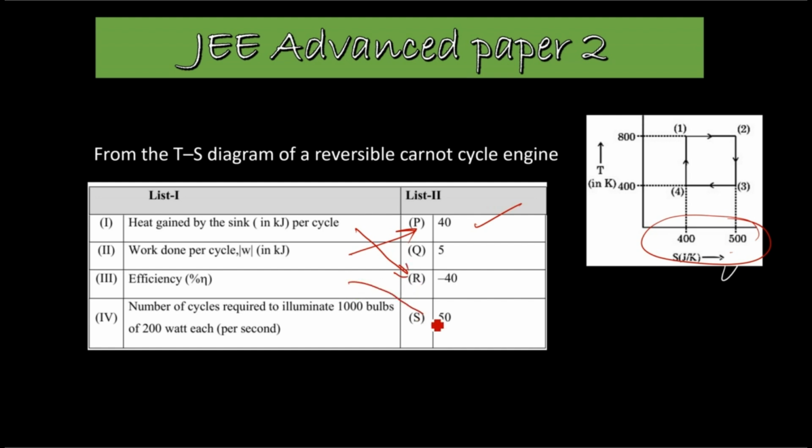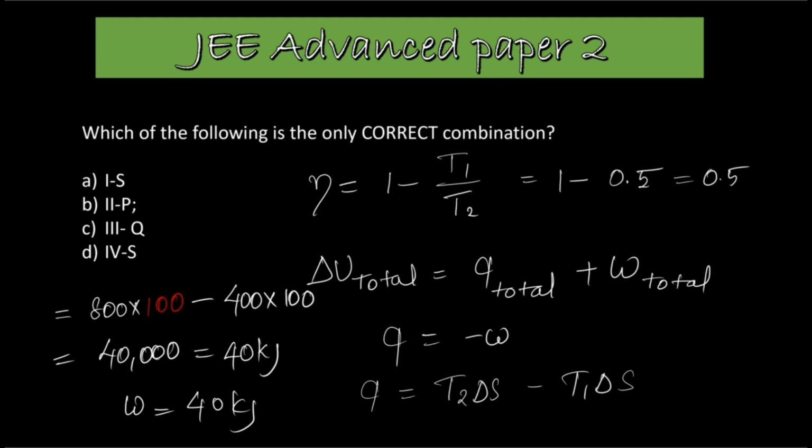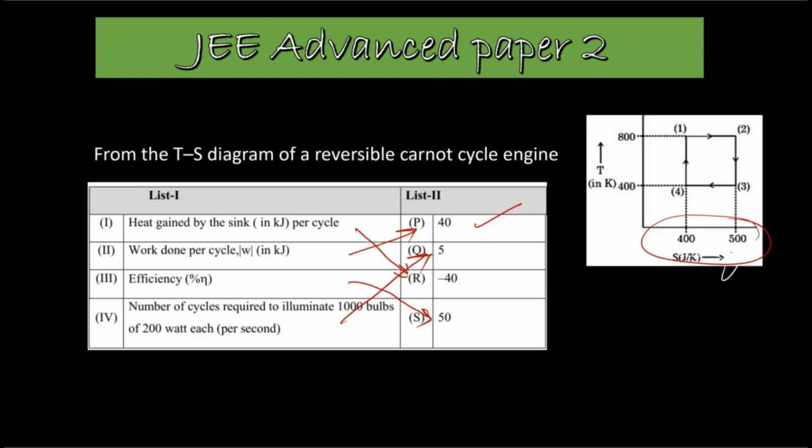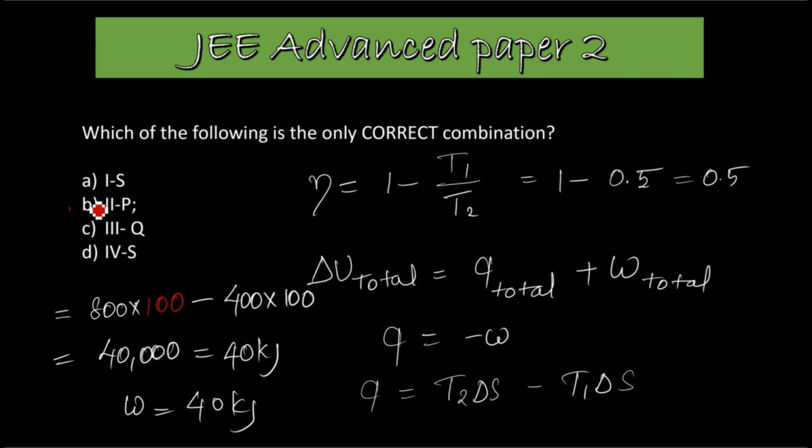Efficiency, that is 50%, and the number of cycles required to illuminate 1000 bulbs, that is 5. So let's check with the correct combination. 1 to S, 2 to P. 1 to not S, 2 to P, is it right? Yes, that is right.